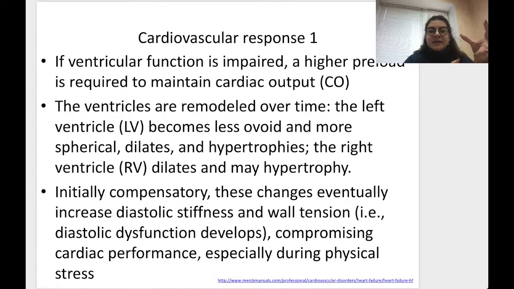It dilates and hypertrophies. The right ventricle dilates and may hypertrophy too. Initially compensatory, these changes eventually increase diastolic stiffness and wall tension, compromising cardiac performance, especially during physical stress.